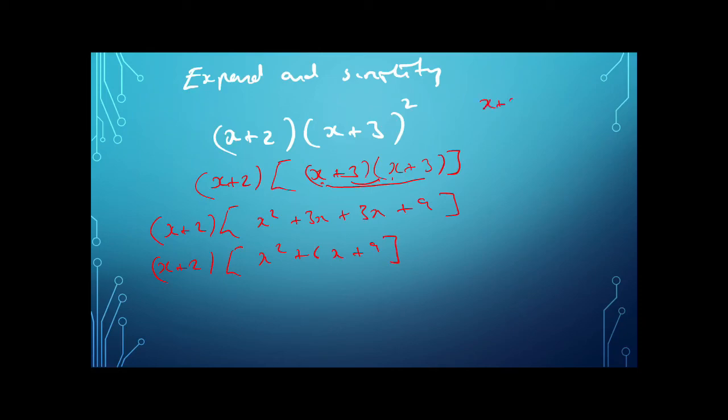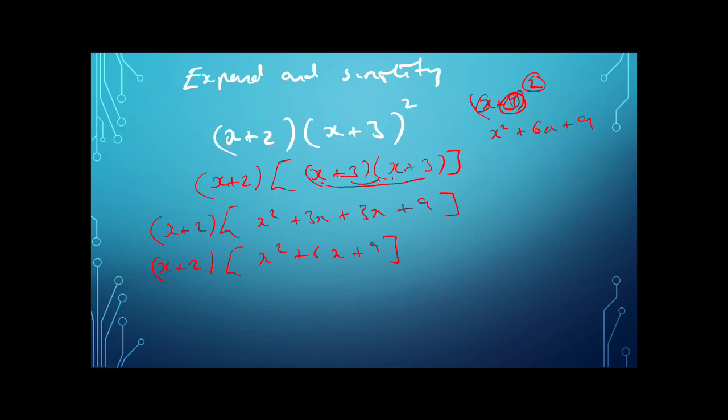Just a note here, we didn't have to do the working out we've just done. This will always be x squared plus 2 times x times 3, which is 6x, and then the 3 squared, which is 9.